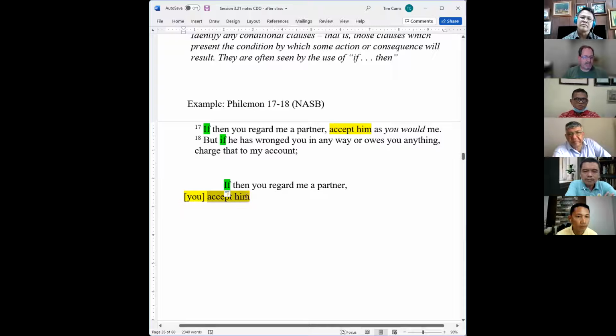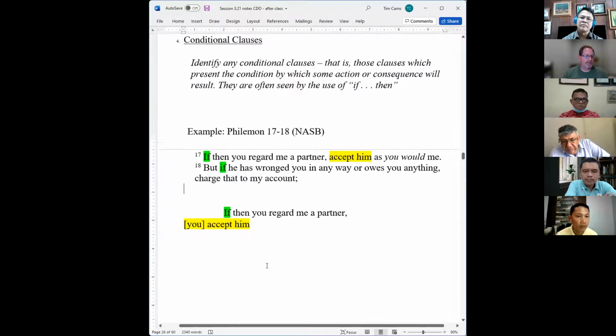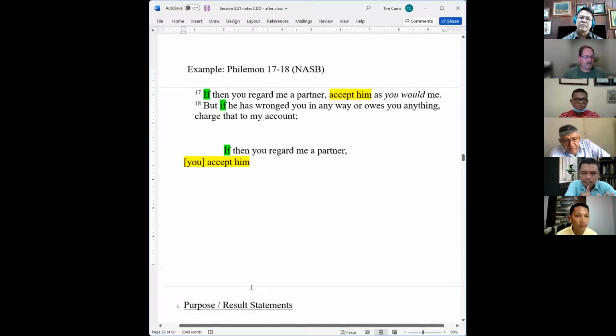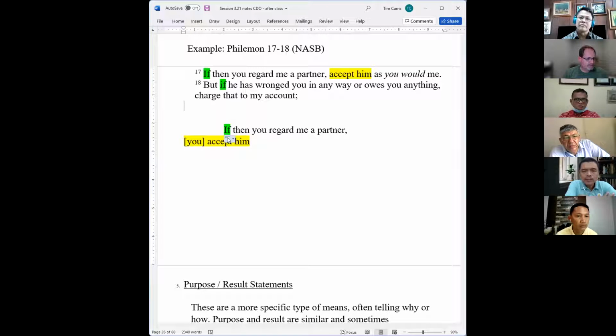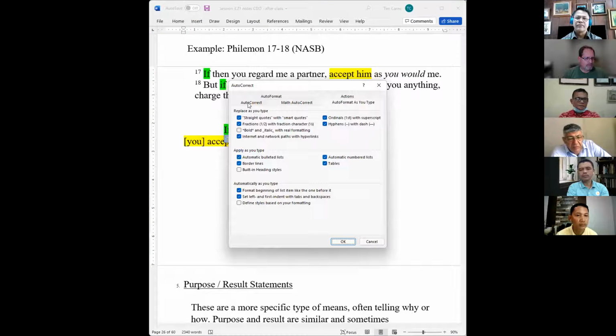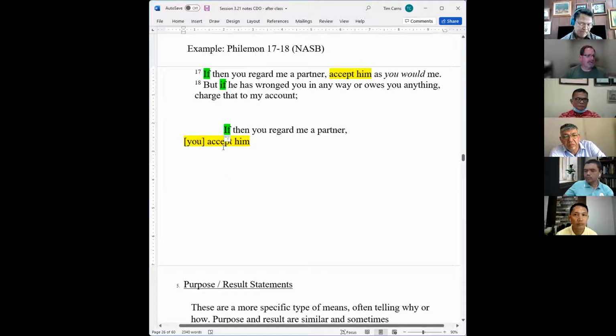All right, but this action, accept him, will not happen unless this condition is met.